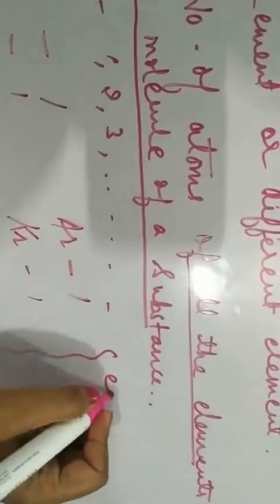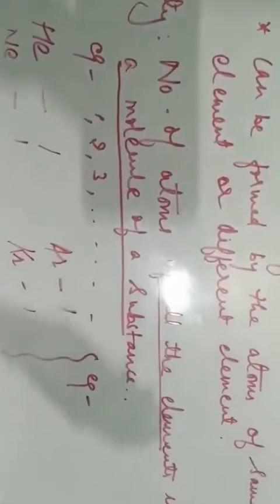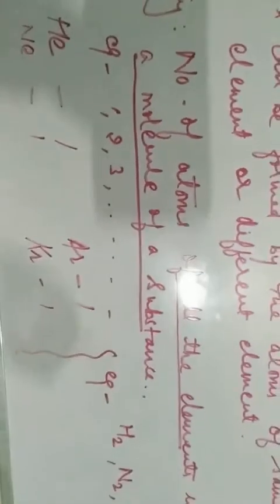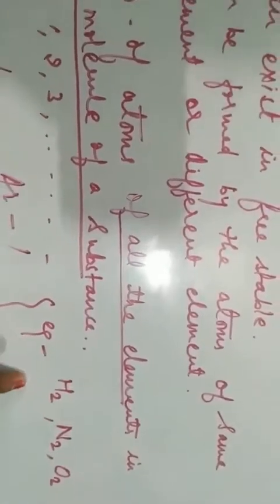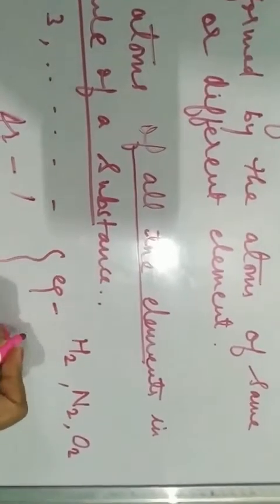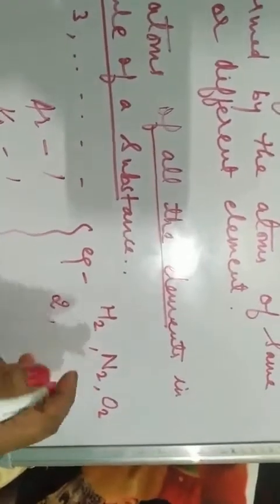Okay, now if we see the molecules of gases, for example hydrogen, oxygen, all these are diatomic. You see the molecules of gases, we write H2, we write N2, O2, all these are gases, and therefore H2 is made up of 2 hydrogen atoms, so its atomicity is 2. Nitrogen is formed by 2 atoms of nitrogen, so its atomicity is 2.